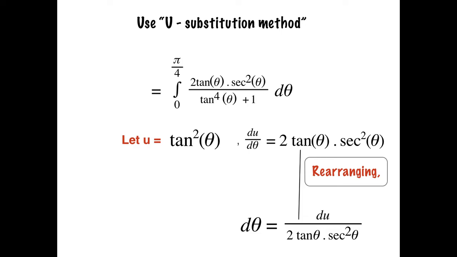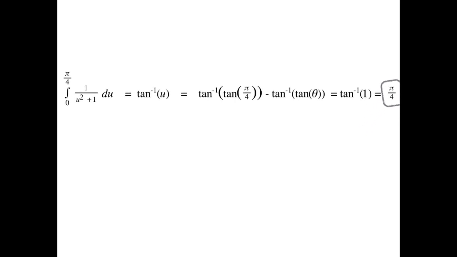After rearranging, you just substitute d theta in the main equation, which is the integration from 0 to pi by 4 of 2 tan theta times sec square theta upon tan to the power 4 theta plus 1 d theta. In that d theta, replace du by 2 tangent theta times sec square theta. Now let's see what it gives you.